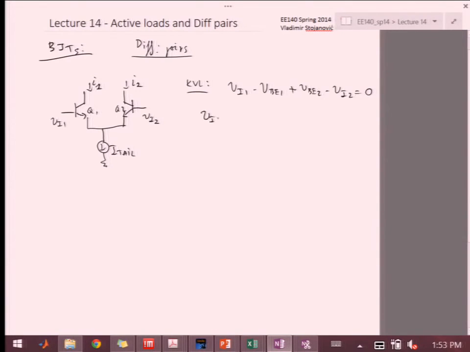This means VI1 minus VI2 equals VBE1 minus VBE2. Now, VBEs, we know, we just did this, are VT ln of IC1 over IS1, and this one will be VT ln IC2 over IS2.